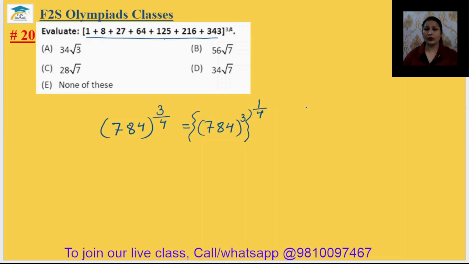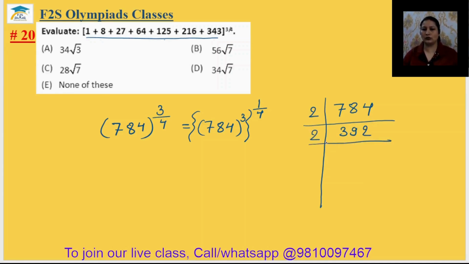Okay. Now prime factorize 784. If we prime factorize it, starting with 2: 2 gives 392, then again 2 gives 196, again 2 gives 98, again 2 gives 49, which is 7 multiplied by 7.